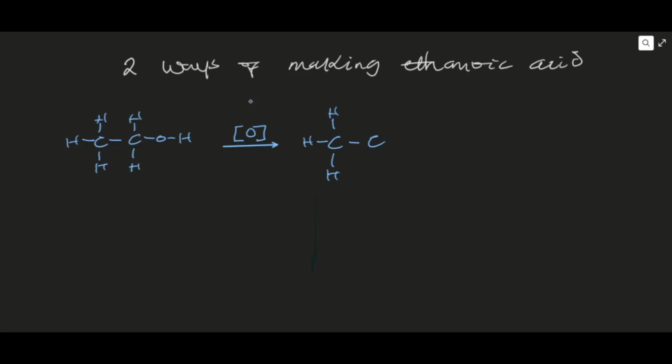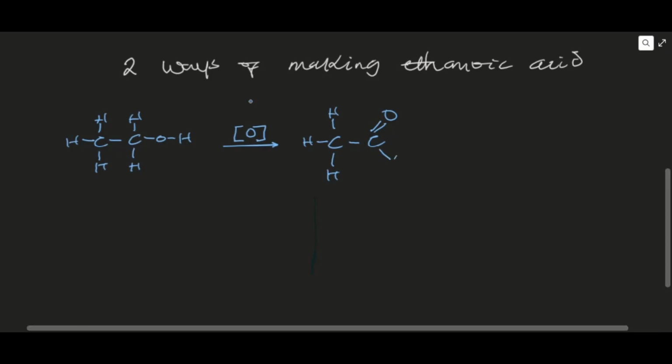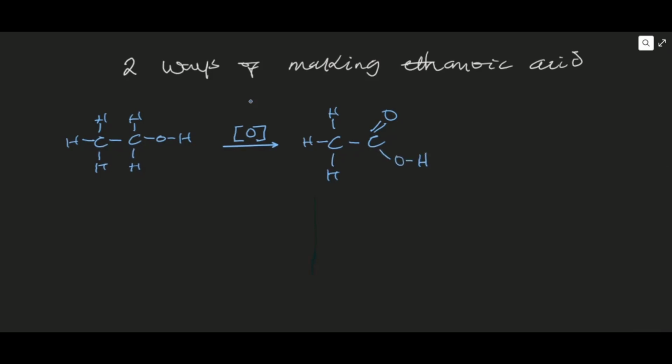So we have CH3 already, and then the functional group is going to be C with a carbon to oxygen double bond, carbon to oxygen single bond, and then OH. So this is our ethanoic acid. Ethanol is C2H5OH, and ethanoic acid is CH3COOH.